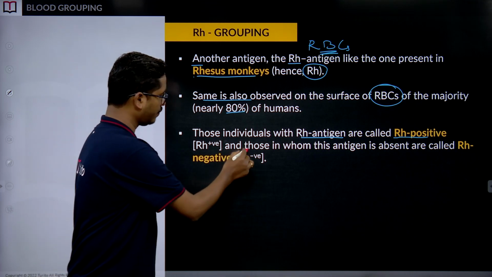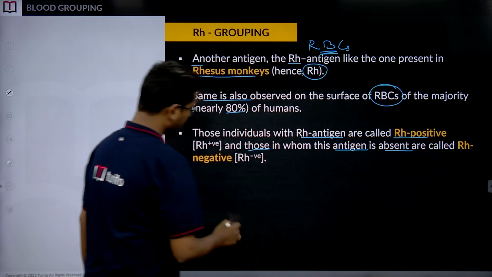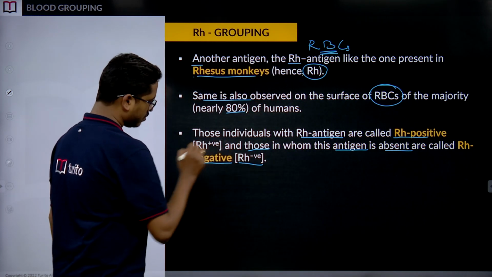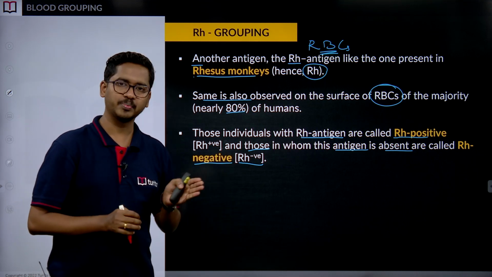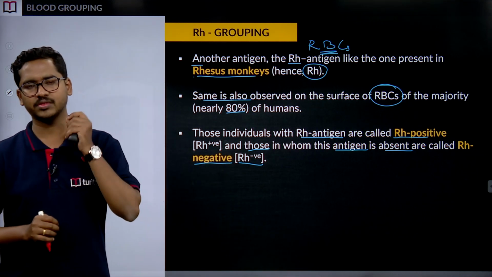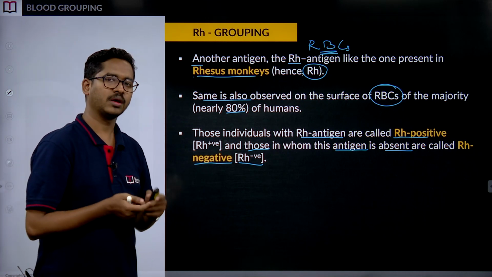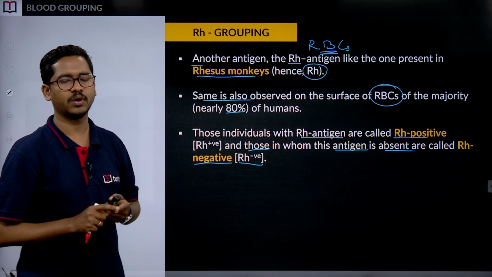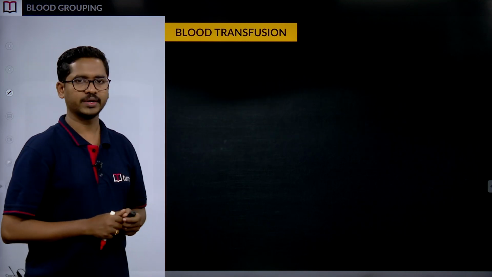Similarly, for those in whom the antigen is absent, we call it RH negative. It is because of this presence and absence of the RH antigen that the respective blood group is negative or positive. So, that is what we understood.